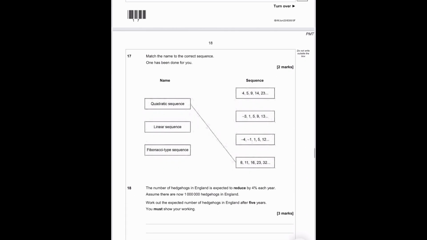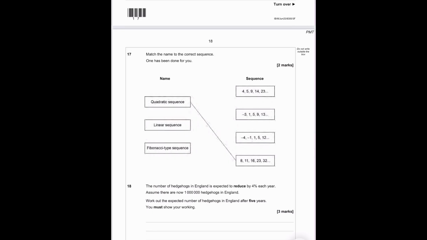Match the name to the correct sequence. A quadratic sequence has already been done. Now a linear sequence goes up by the same amount each time. So this one, 4 add 1 gives us 5, 5 add 4 gives us 9. So that's not a linear sequence. This one goes from 3 to 1, so we're adding 4. 1 to 5, we're adding 4. 5 to 9, we're adding 4.